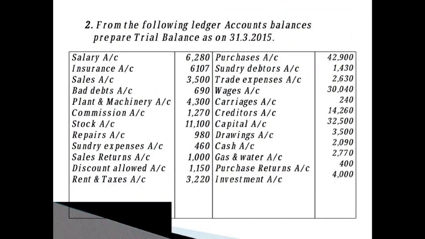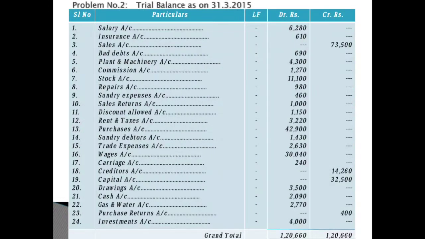Then next you have sales, 73,500. Sales, as I said, is an income for us, right? So whatever income it is, it shows credit balance for us. So you have to record sales. See, third one we have recorded sales in the credit column, 73,500.